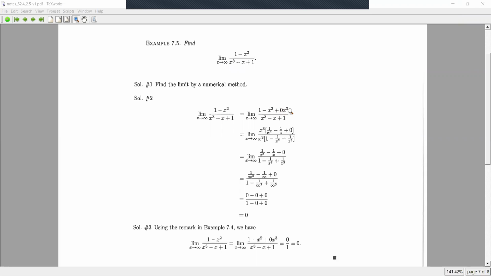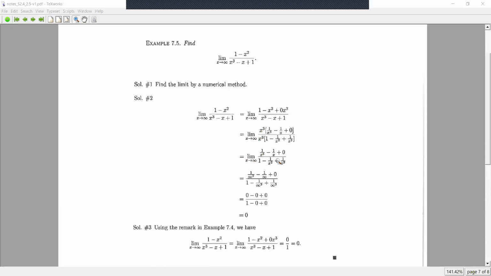The highest power on the top is x to the third. I take x to the third out. And the power at the bottom is x to the third. I take it out. Then cancel x to the third from the top and from the bottom. We have this equation.